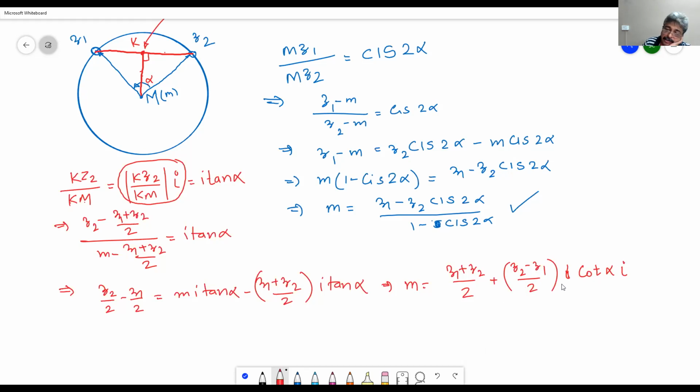What will come is 1 upon i, cot alpha divided by i.